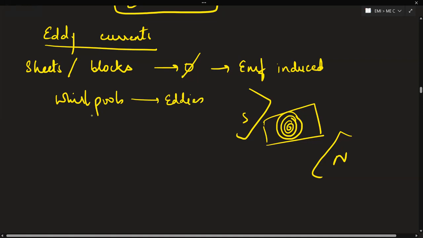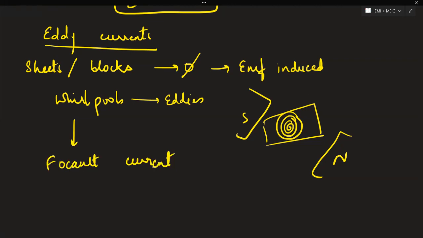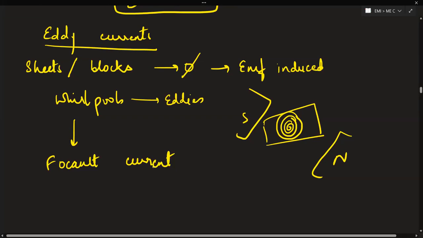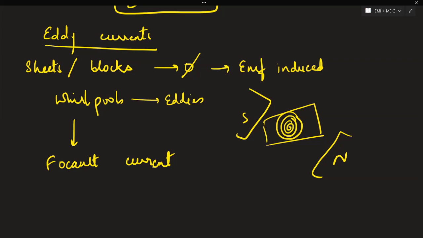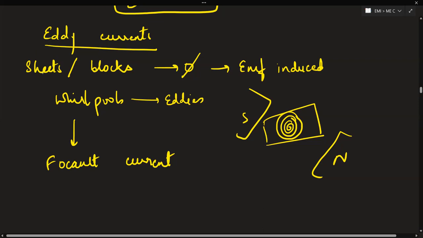There was one more name. These eddy currents were also known as Foucault currents. There was a scientist named Foucault. I don't remember the complete name of the scientist, but he was the first to discover eddy currents, and eddy currents were named after him. So eddy currents are basically currents which are induced in metallic masses like blocks or sheets whenever there's a change in the magnetic flux through them.